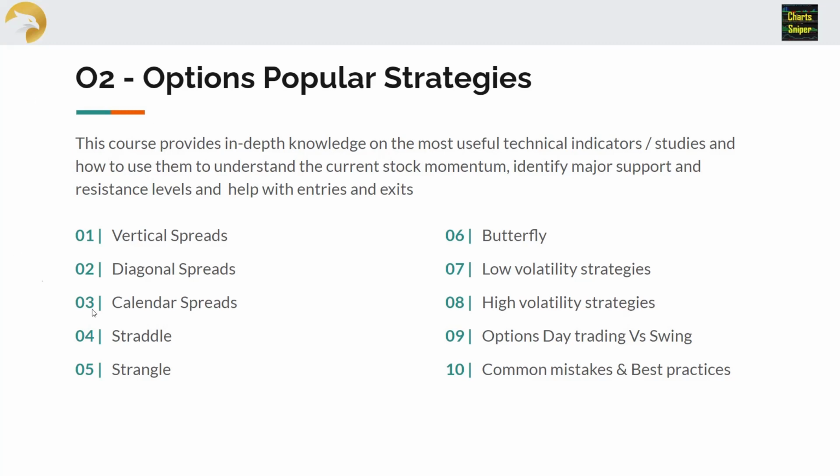Almost all the things you see on the left side involve two option contracts, one buy contract and one sell contract. What you see on the right is a butterfly strategy, which is a three-legged option. Out of all these, we'll discuss which strategy is very good when the volatility is low, and which strategies are good when the volatility is very high. And what are the good strategies for day trading and swing trading?